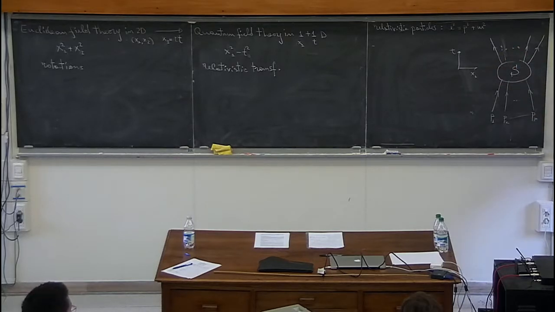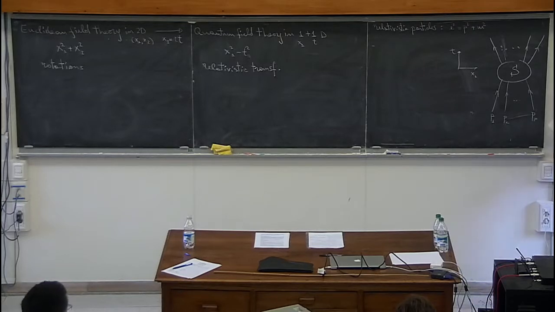My theory preserves energy and momentum in the scattering. So in the initial state, I have some total energy and some total momentum, and this needs to be conserved in the scattering. I will have the same total energy and the same total momentum in the final state.